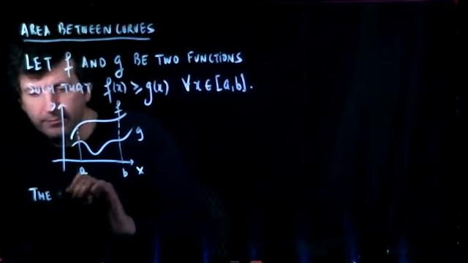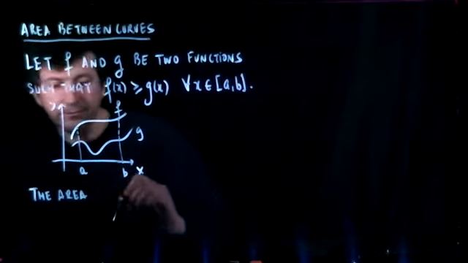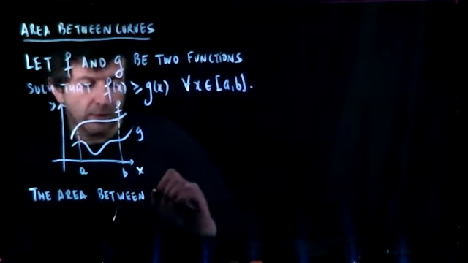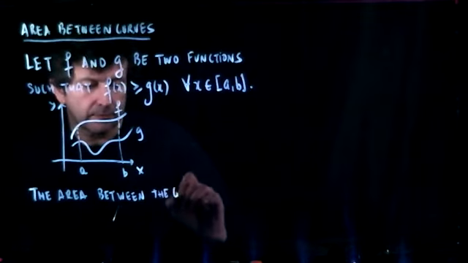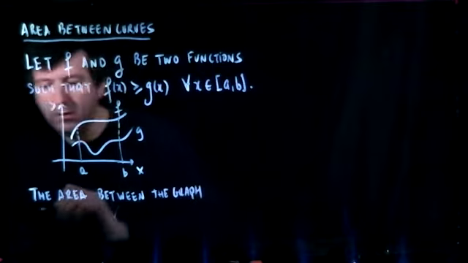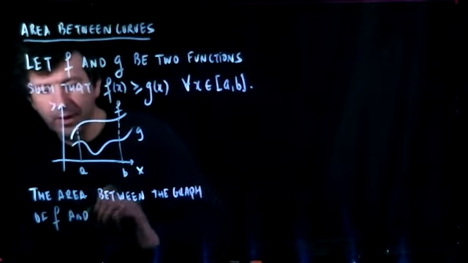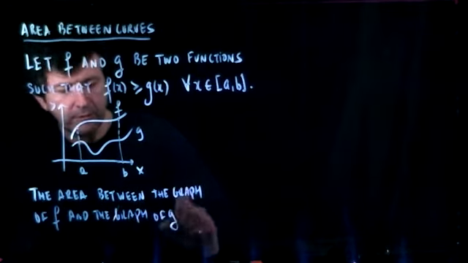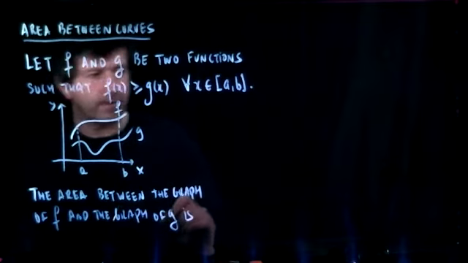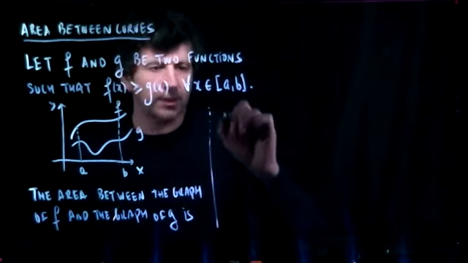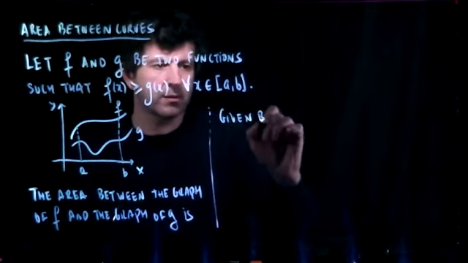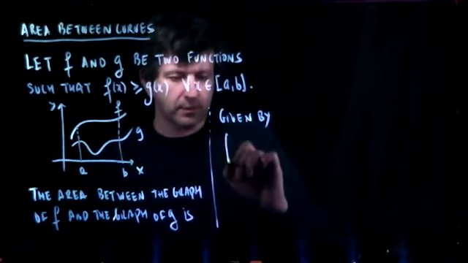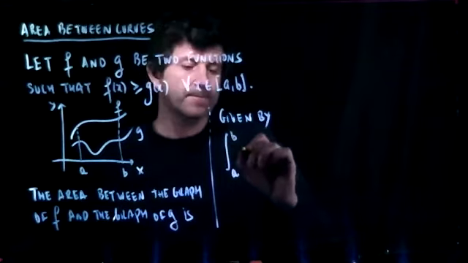The area between the graph of f and the graph of g is given by the integral from a to b, and you just minus them.